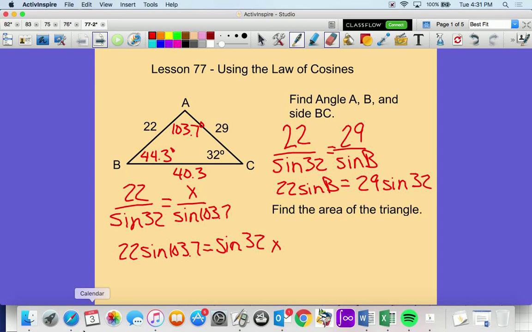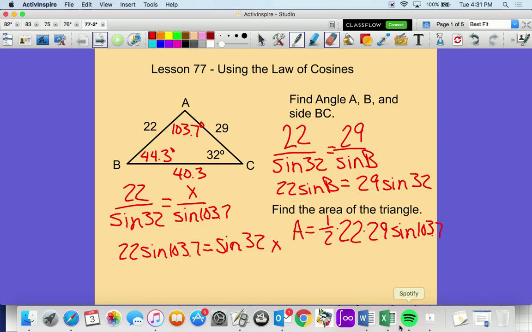Alright, so we've found angle A, angle B, and side BC. Now we need to try and find the area of the triangle. Remember, I showed you when we did sine law, the easiest equation to use would be the area equals 1/2 times one side times another side times sine of the angle in between.